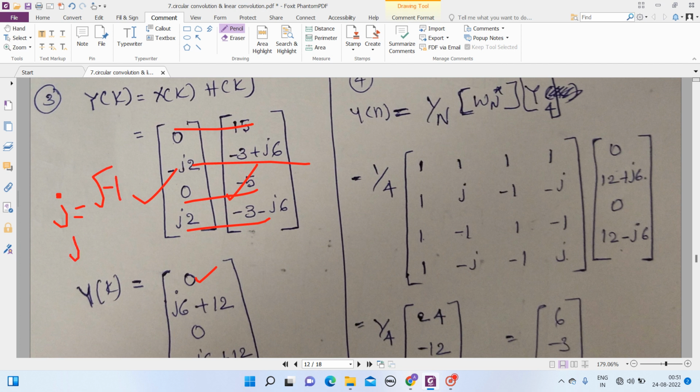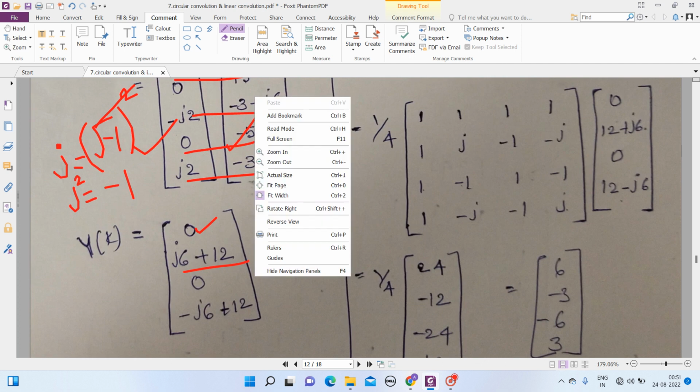So j square is minus 1. Minus into minus is plus, 6 to 12, right? You got this answer. Similarly you have to solve the other two, and you will get these two answers.